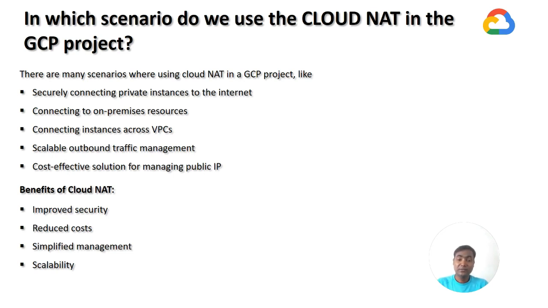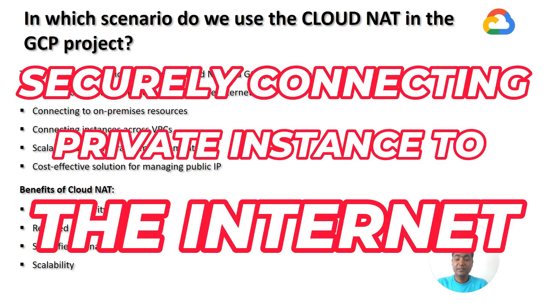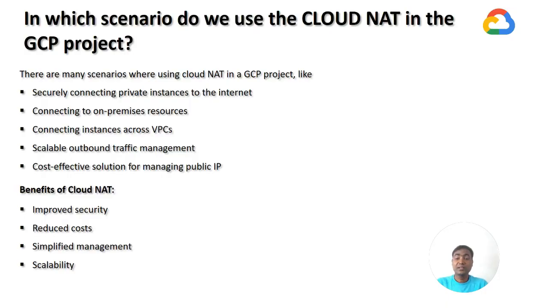Here are a couple of scenarios, as you can see here. Securely connecting private instances to the internet, connecting to on-premises resources, connecting instances across VPC, scalable outbound traffic management, cost-effective solution for managing public IP and more.